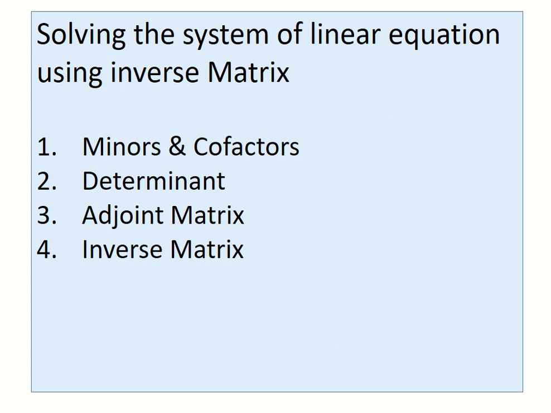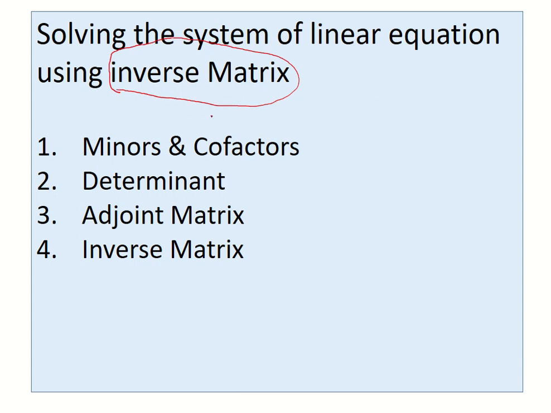For this section, we are going to learn how to use the inverse matrix method to solve the system of linear equations. To do that, we must first find the inverse matrix. This is very important.